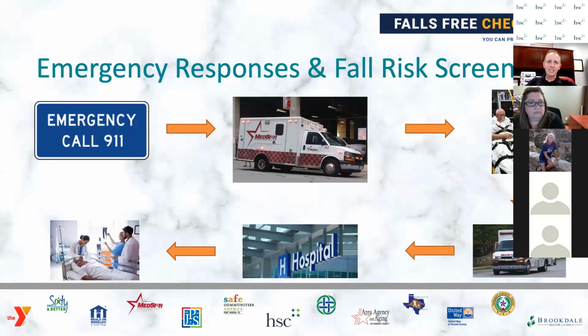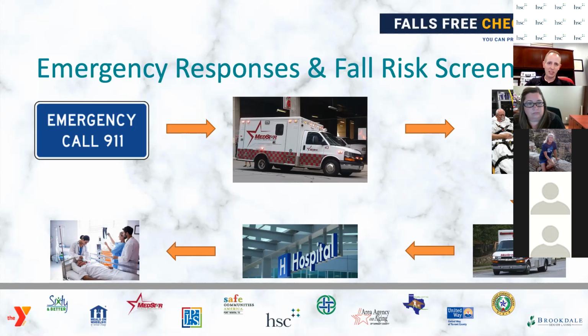So as I had said before, at MedStar, we know how serious a ground level fall can be, and we know how serious the consequences of falling can be. So we're always looking for ways that we can better serve the community and do our part in reducing this risk. I had mentioned before that we are currently doing over 150,000 calls every year. And typically those requests will follow this path that's on the screen now.